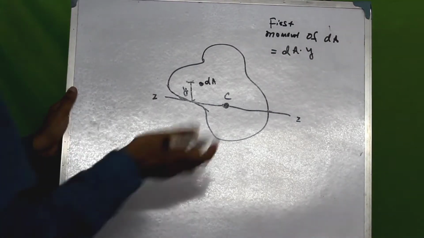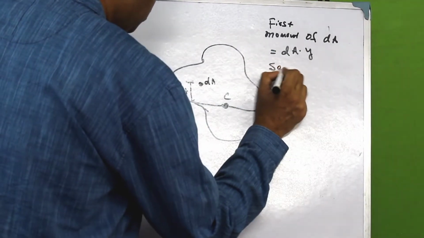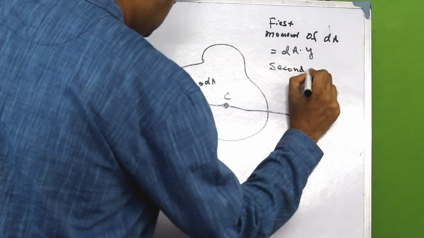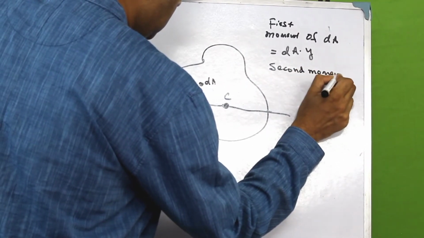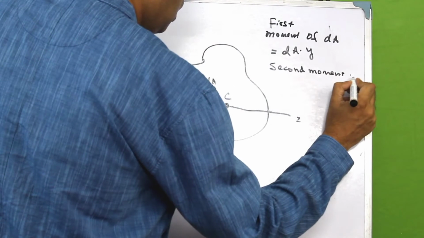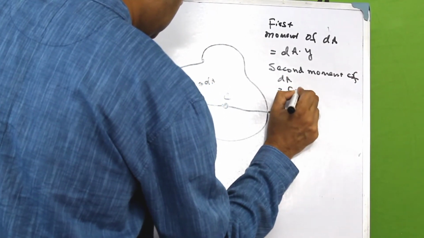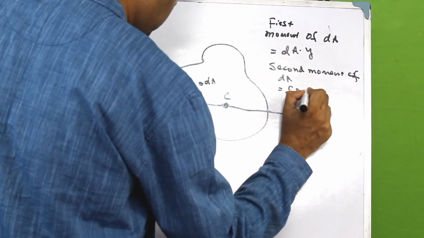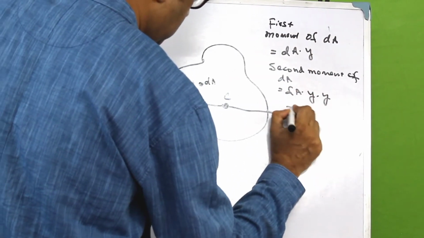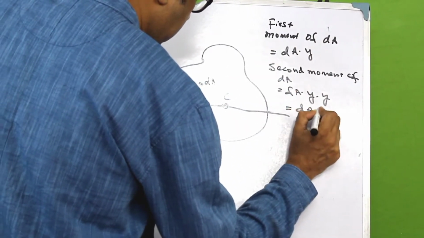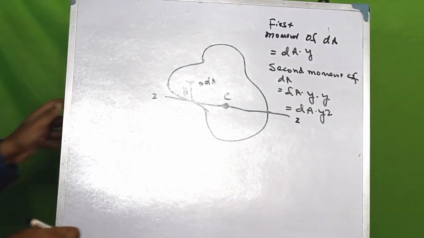And what would be the second moment of this area? Second moment of dA would be equal to the moment of the moment, so dA into y. So it would be dA into y square.